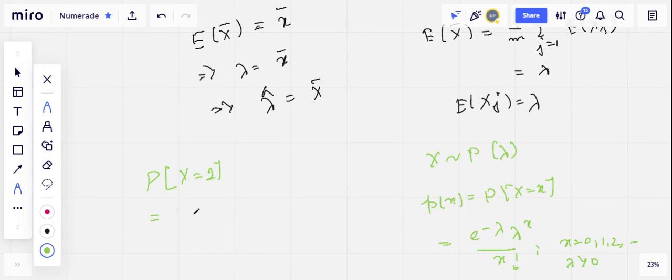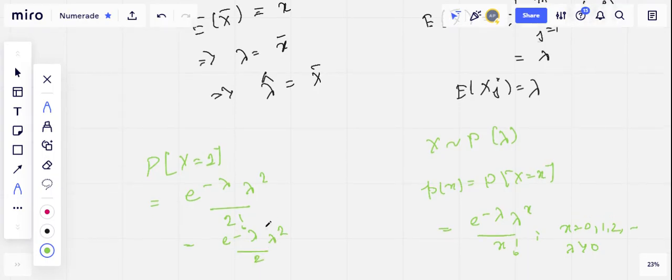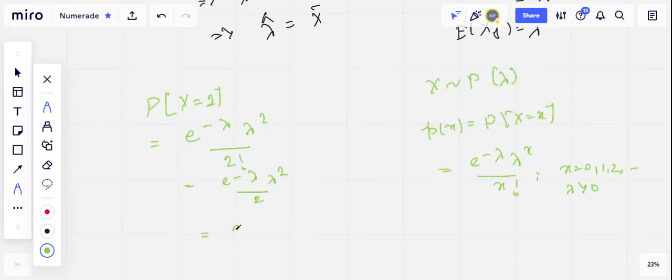So probability X equals 2 will be e to the power minus lambda, lambda square, whole divided by 2 factorial. That means e to the power minus lambda, lambda square, whole divided by 2. Okay. Now take this function of lambda as g(lambda).